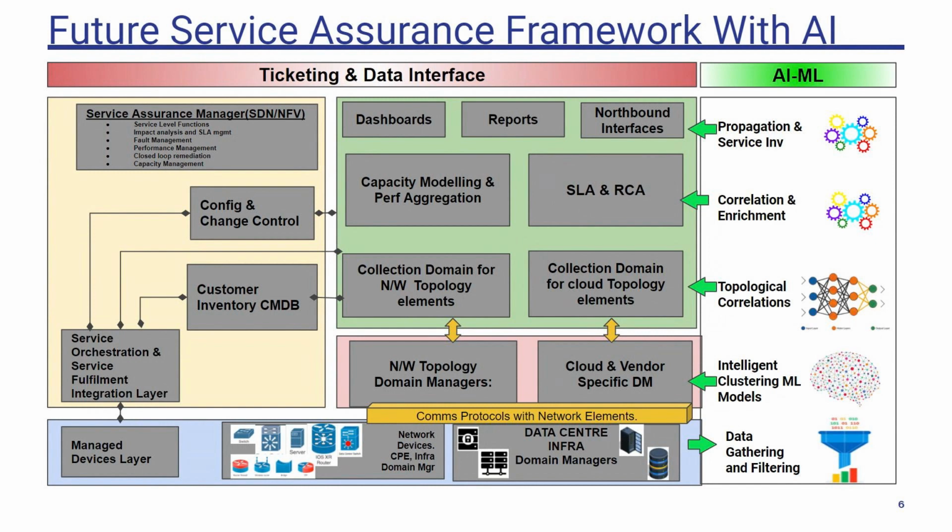We can have cross domain correlations, we can have the data from both the domains, and then we can correlate data on the basis of whatever models we have, whatever functions we have, as well as whatever business needs we have. Okay.